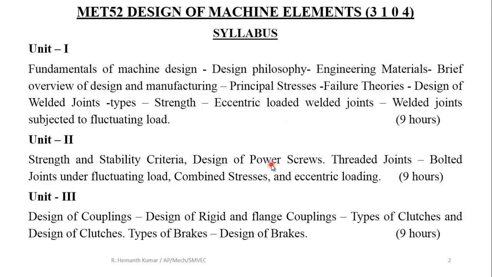Can anybody give your thought on what dimension we will be needing for a power screw? In the case of a welded joint, I said we will be finding out the dimension of the weldment, that is, how long a length we have to weld for two plates to be joined. In the case of power screws, what will be the dimension that we will be calculating?